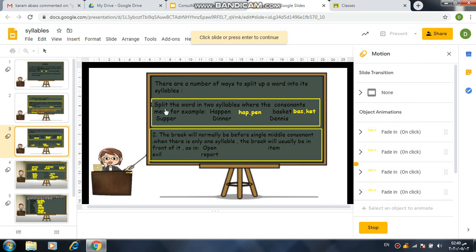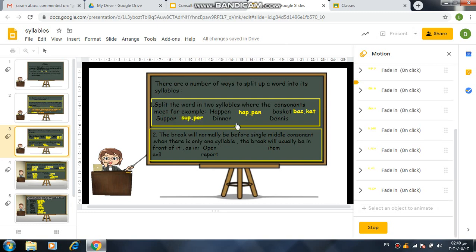P and P, we split between them, so it will become sup-per. Dinner. We split between N and N, it will become din-ner. Dentist. We split between N and T because they meet each other, so we split up between them, it will become den-tist.